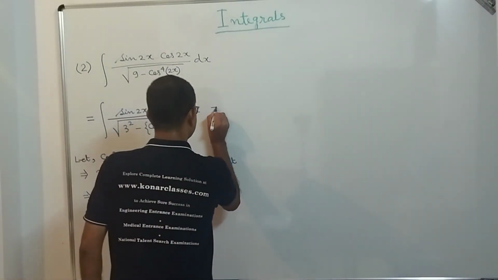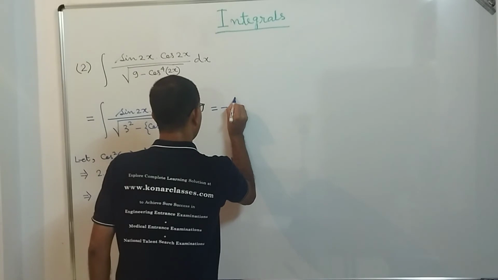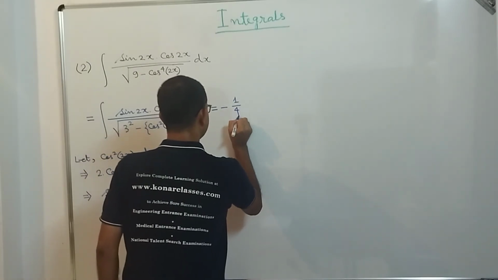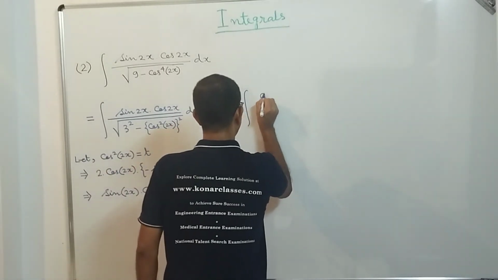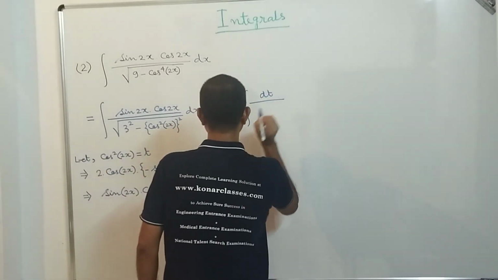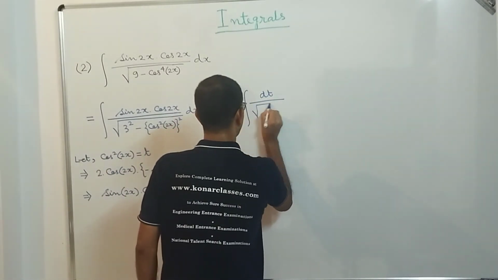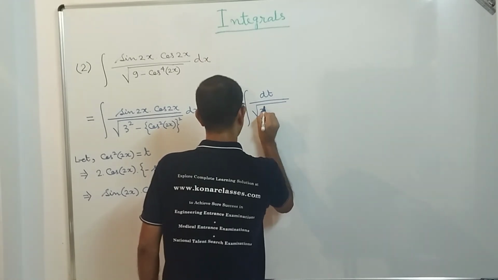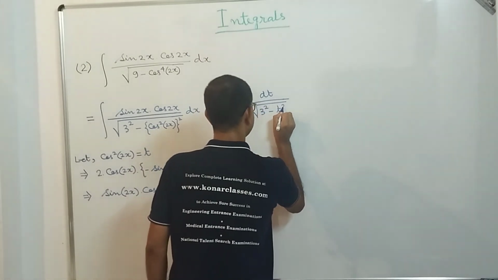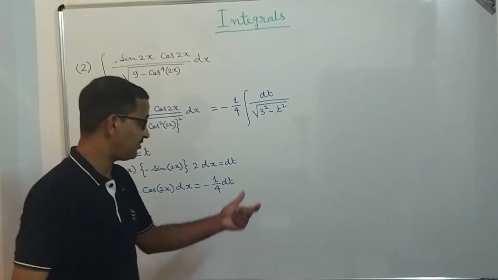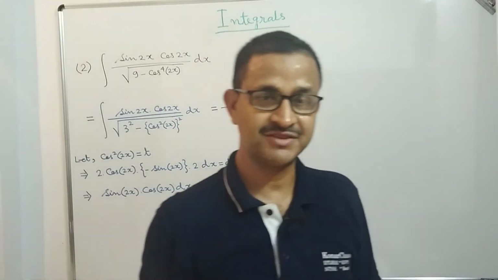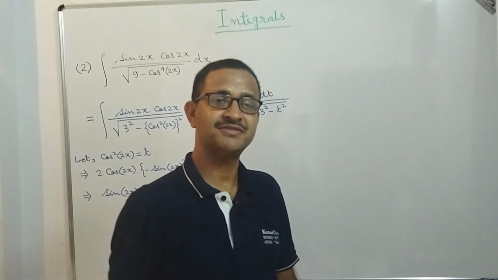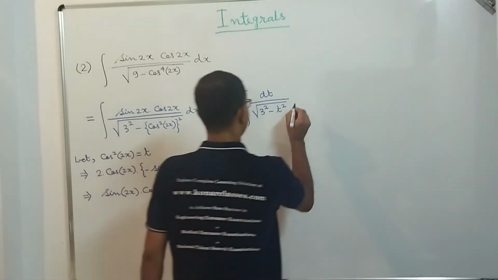So let's write it here. Then we get minus 1 by 4, it is a constant, so we take it outside of the integration. In the numerator we get dt, and in the denominator we get square root of 3 square minus t square, and that is our known form: the integration of dx by square root of a square minus x square is equal to sin inverse x by a. So this is equal to minus 1 by 4 into sin inverse of t by 3 plus c, where c is the integrating constant.